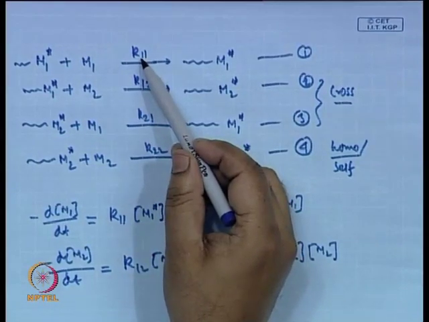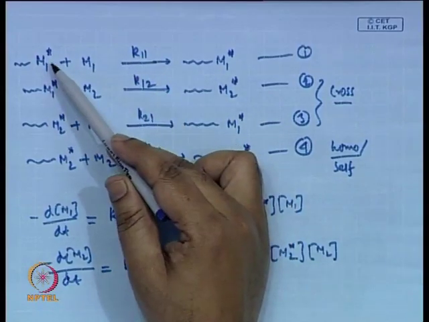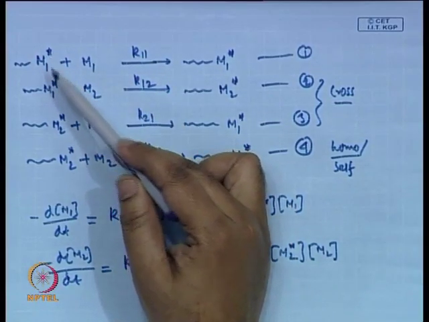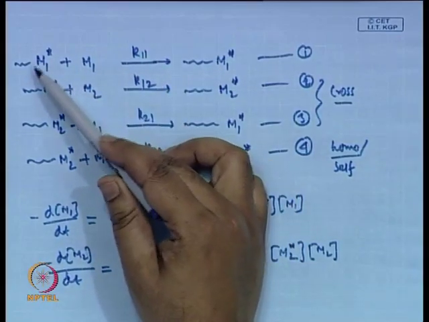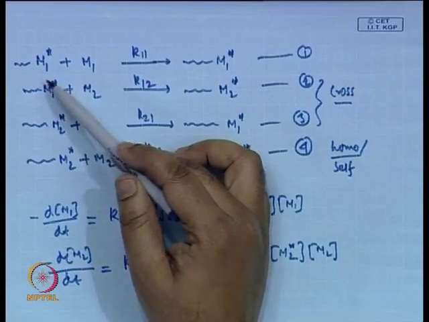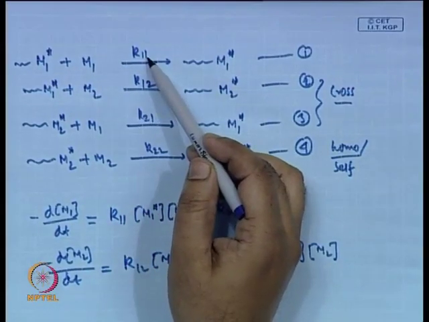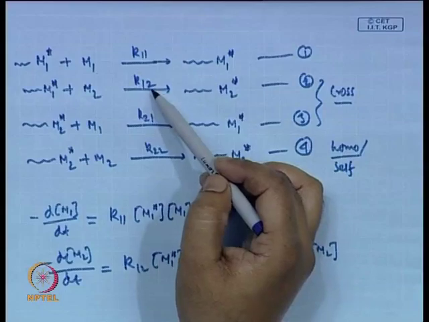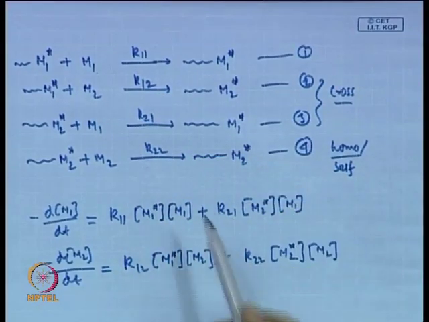Basically, the first number represents the propagating species, whether it is radical, cation or anion does not matter. So, the first one is for the propagating reactive species and the second one is for the monomer. So, 1 in the second position means M1, 2 in the second position means M2 and so on.